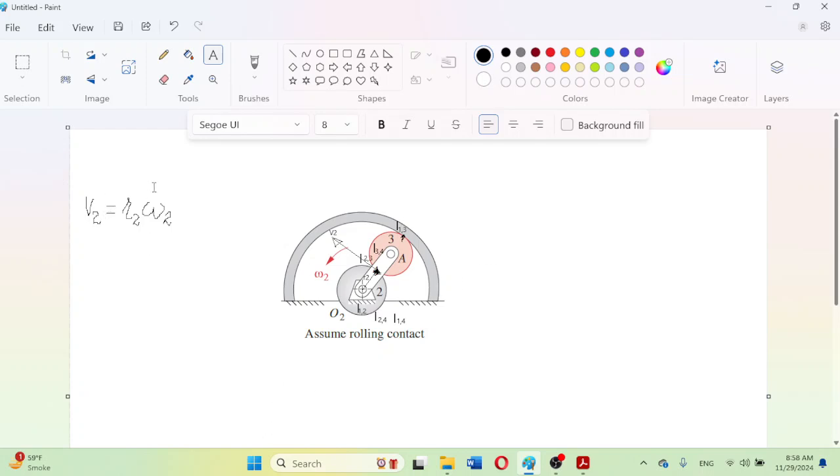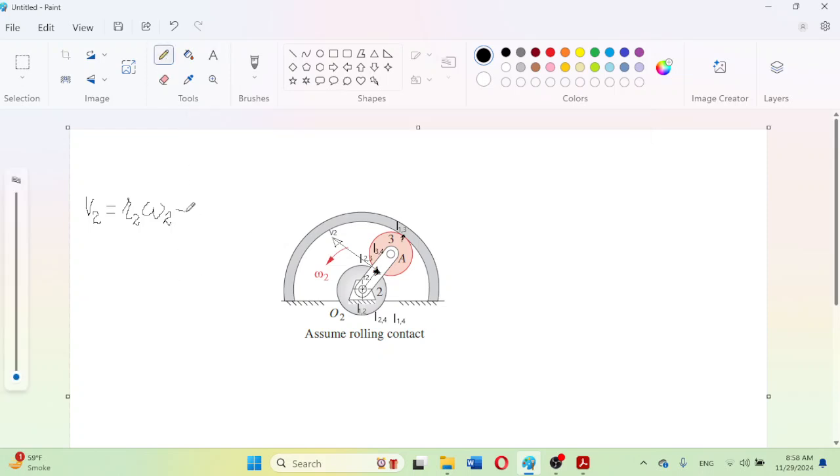So I can write here that v2 will be equal to v3, the linear velocity of the contact point at this moment, with the same orientation and same magnitude.